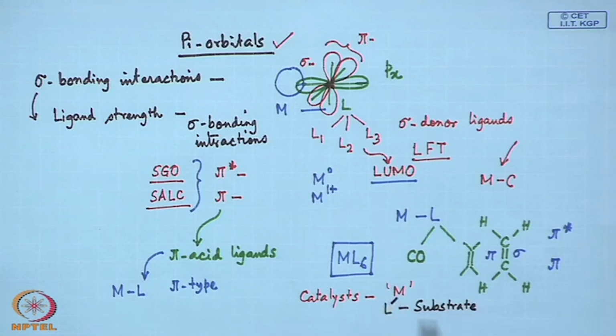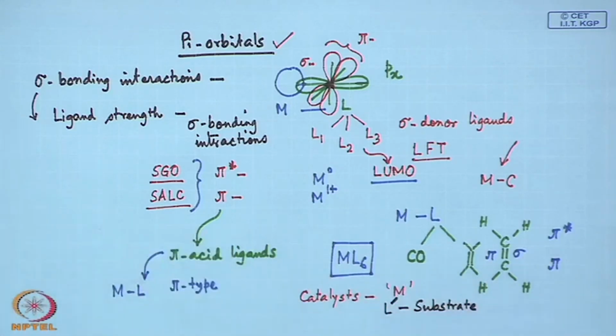If we have some interaction between this M and this L, we should have a clear idea whether the ligand field picture of this interaction can also be presented nicely for their electronic structure and the electronic properties related to the corresponding reactivity.